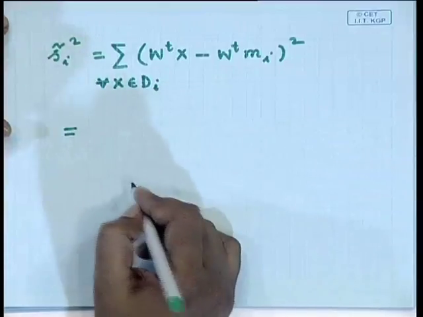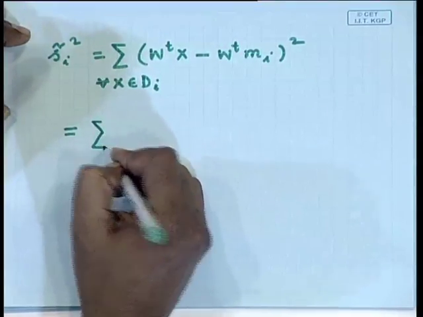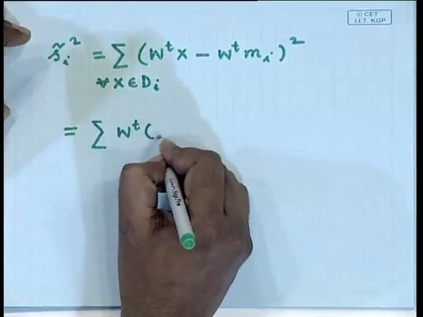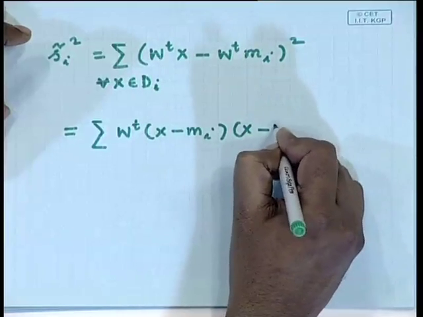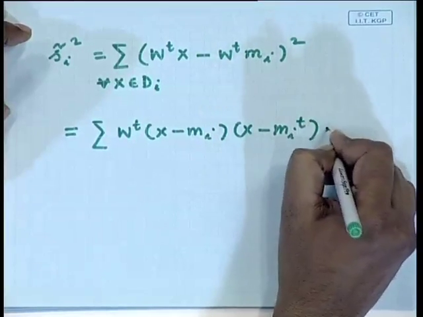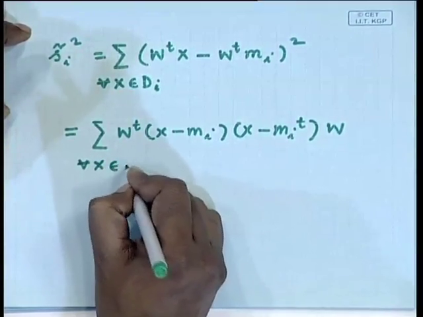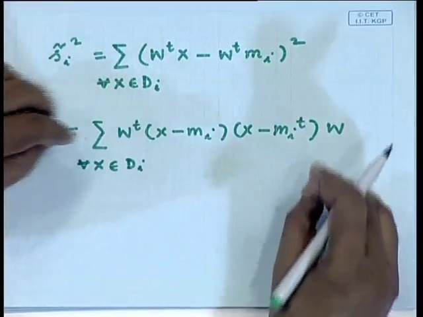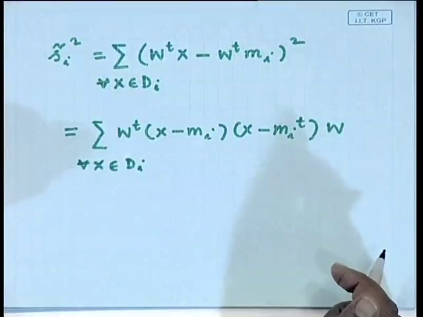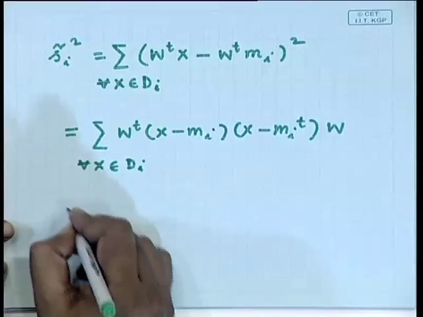By some reorganization, I can write this expression as W transpose (x minus m_i) into (x minus m_i) transpose into W, summed over all x in set D_i. Now you find that this W, which is independent of x, I can take outside the summation.